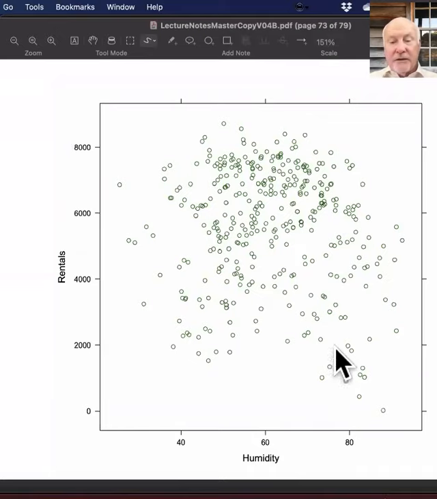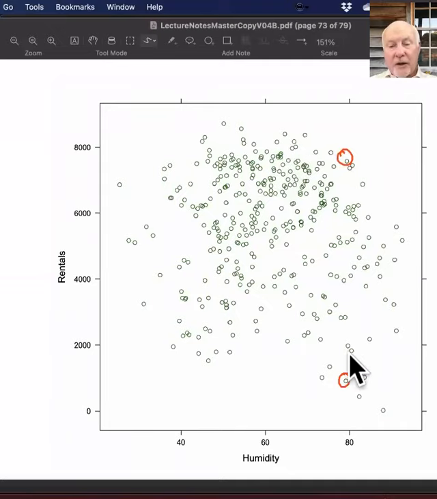If you look at an extreme case at 80% humidity, you've got a day with about 1,600 bike rentals, and if you go up further, you've got a couple of days in that general region where you've got close to 8,000.